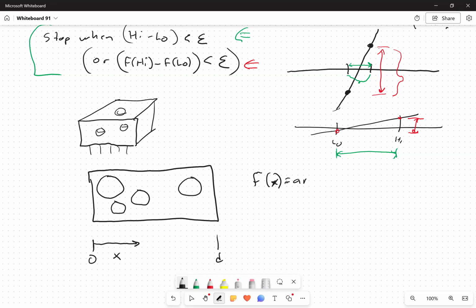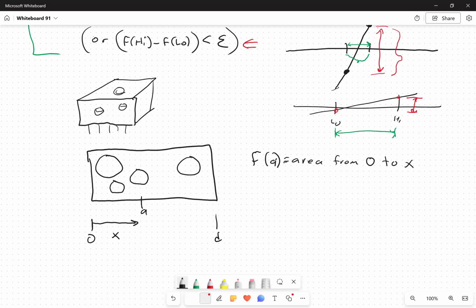So this is going to be the area from 0 to x. Or maybe I'll use an a just so you can see it here, from 0 to a. So if this is a, f of a is the area of this cheese from 0 to a. Now notice that this is not just a nice simple function.